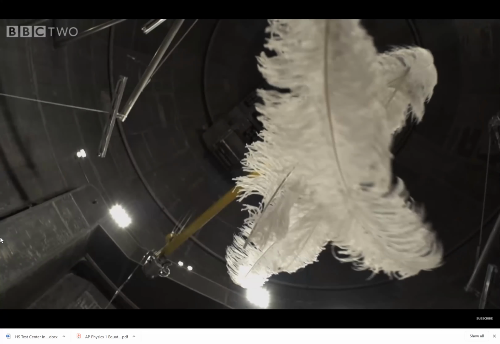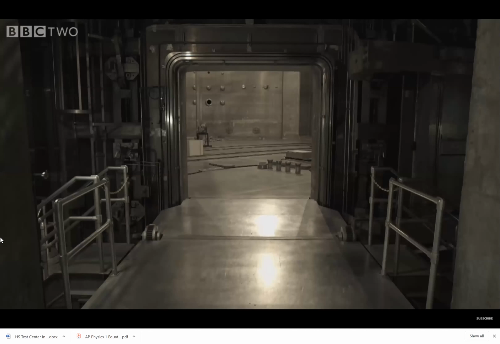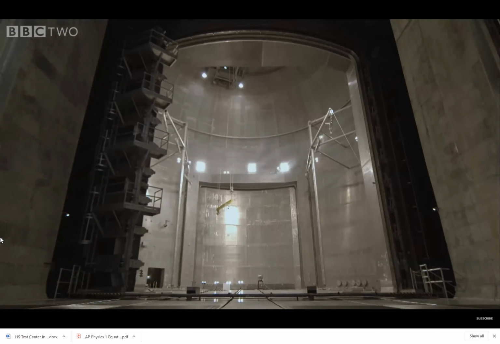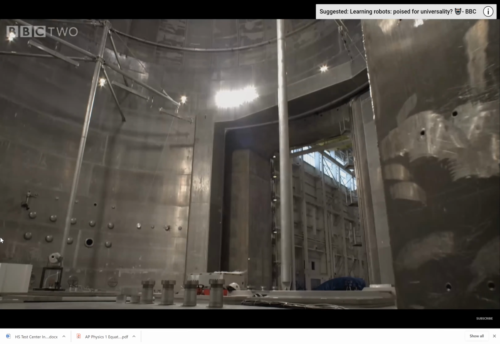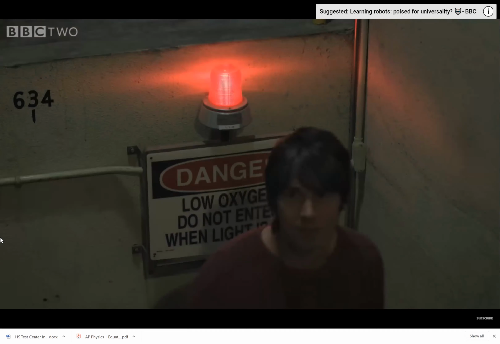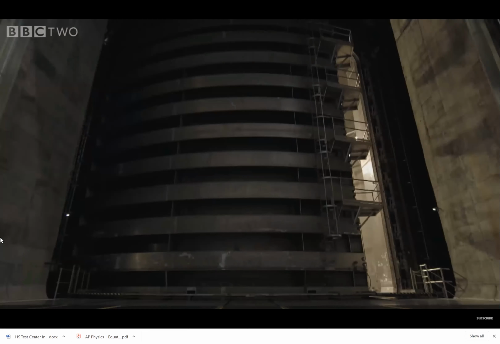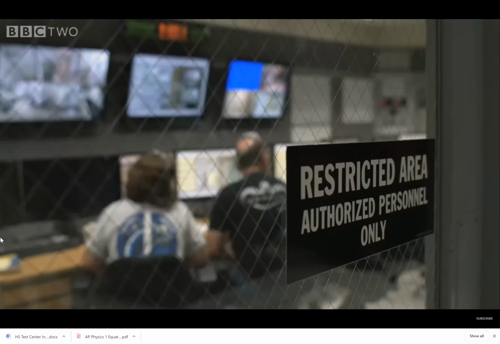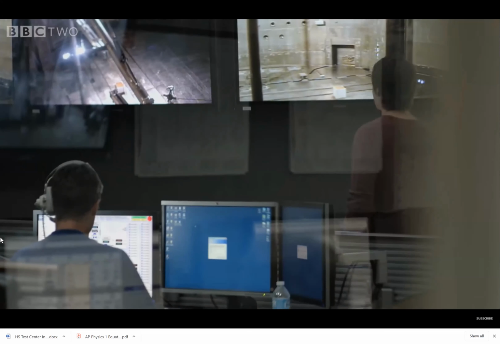So, in order to see the true nature of gravity, we have to remove the air. It takes 3 hours to pump out the 800,000 cubic feet of air from the chamber. Okay, we dropped 2 millitorr in the last 30 minutes. But once it's complete, there's a near perfect vacuum inside.